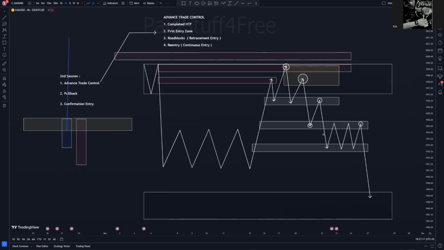Not at all. Because like I said, no CE, no entry. During this, maybe we're going to get the entry somewhere on here. We're not going to enter somewhere on here, because we are waiting for the confirmation entry. Get it? All right.